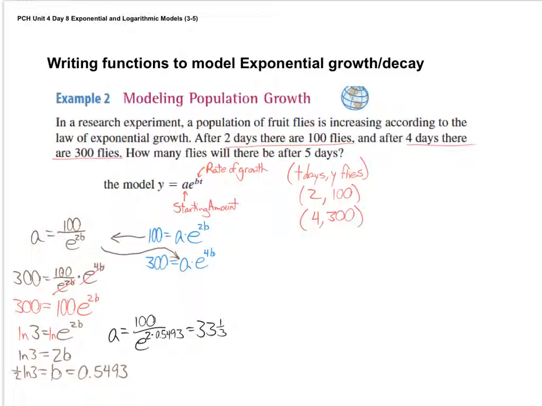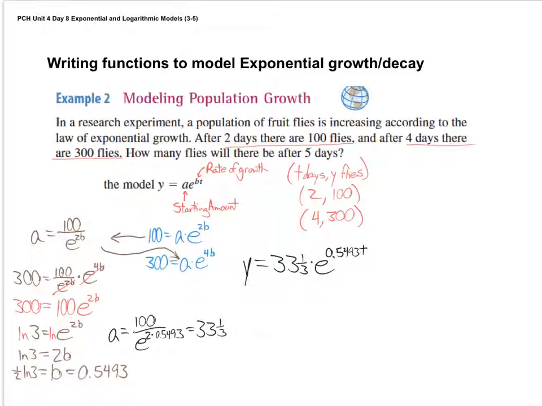If you don't round at all through the whole thing, it'll give that exactly. Okay? So our model in this case is going to be y equals 33 1/3 times e to the 0.5493 times t power. There's our model.